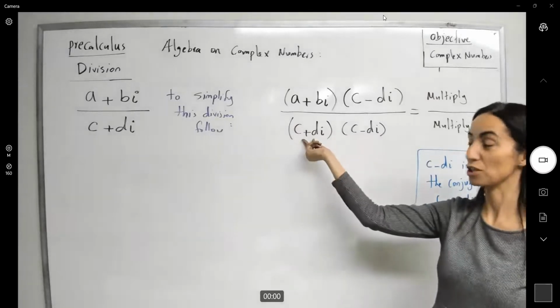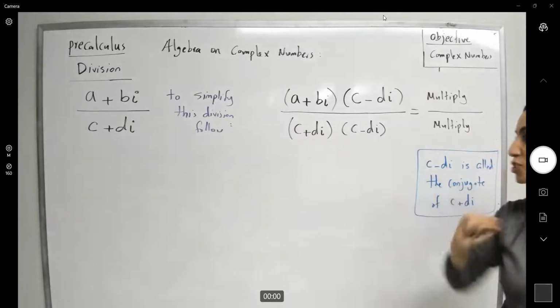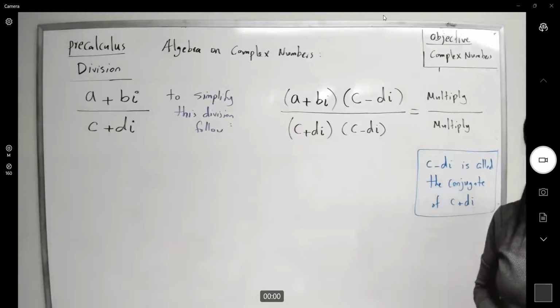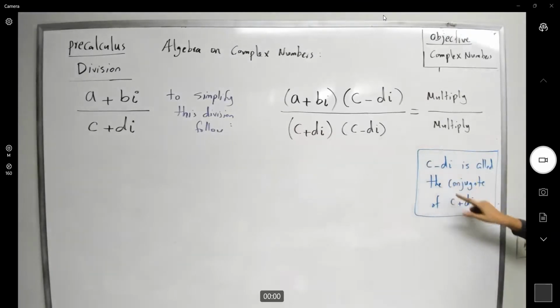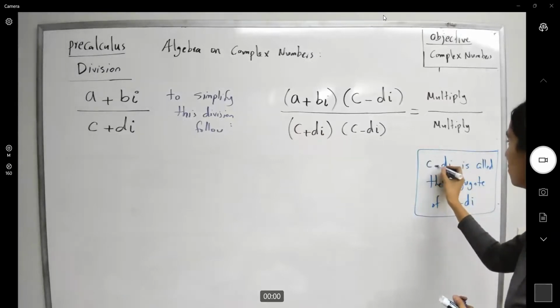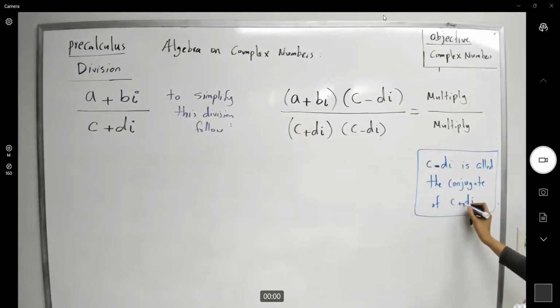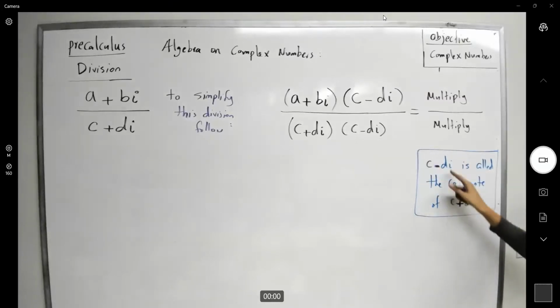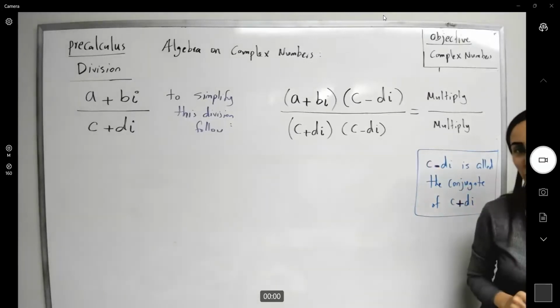If the operation is subtraction, the conjugate has addition. So they have opposite operations. So just let me use a different color. c minus di is called the conjugate of c plus di. Everything is the same, c is the c, di, but you have an opposite operation.